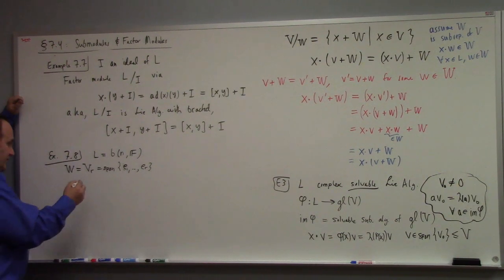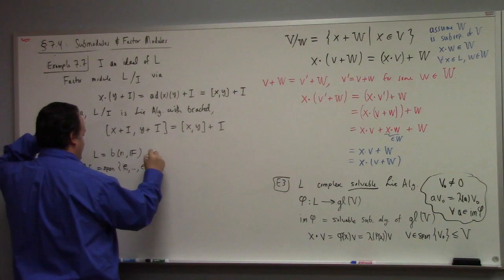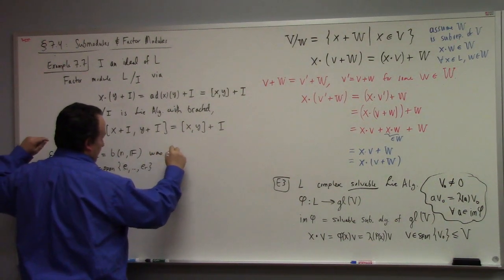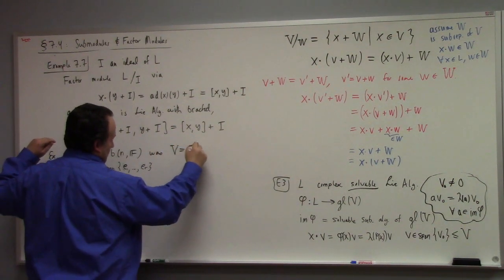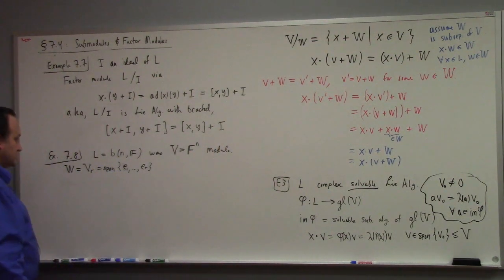So since that's a submodule, we can look at V mod W. Here V equals F^n is a module, and the module action is just given by the natural matrix multiplication of upper triangular matrices by n column vectors.